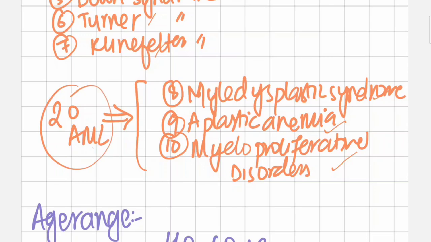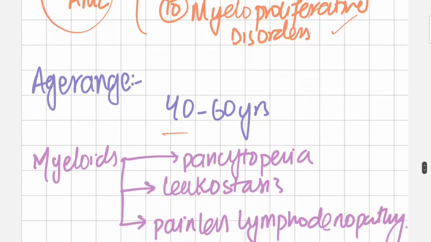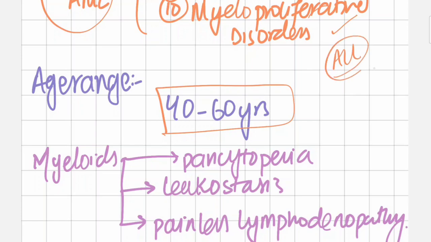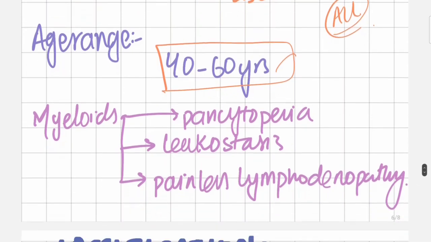Any kind of acute myeloid leukemia that occurs after these conditions will be called a secondary acute myeloid leukemia. The age range is 40 to 60 years old. That's important because for ALL it was very young patients, right? And the age range for acute myeloid leukemia is 40 to 60 years old.